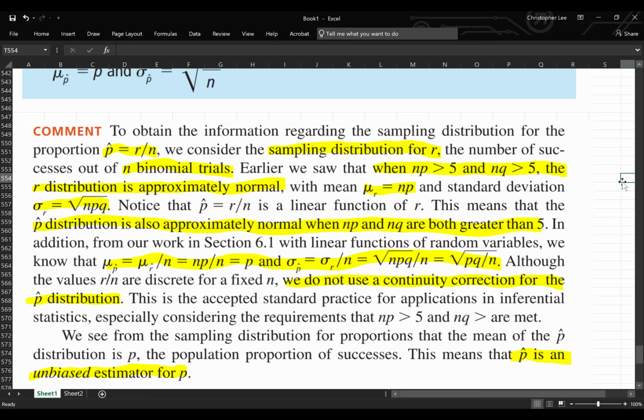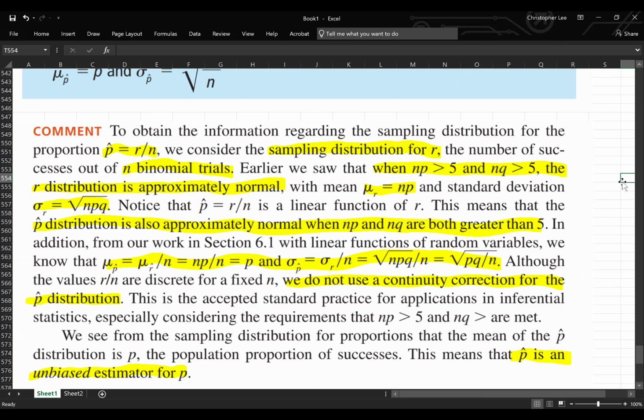Although the values of r over n are discrete for a fixed n, we do not use a continuity correction for the p hat distribution. Hallelujah. This is the accepted standard practice for applications in inferential statistics, especially considering the requirements that n times p must be greater than 5 and n times q greater than 5 are met.